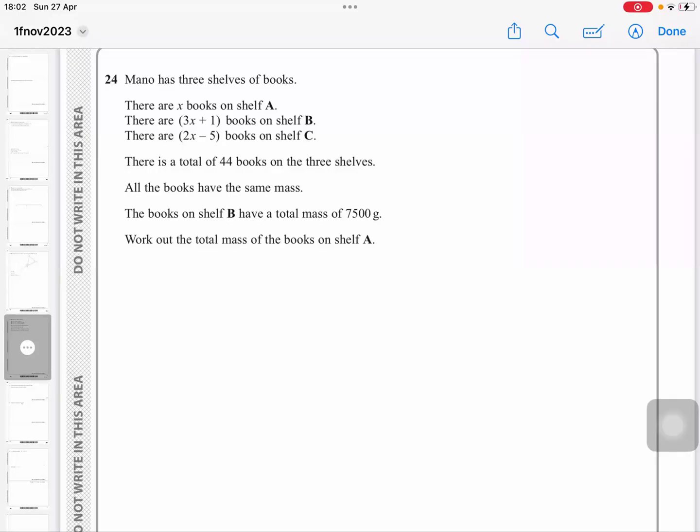So what does that automatically mean? Remember, how many books are on shelf A? x books, right? And now we know the value of x is 8 books. So if one book is 300 grams, according to our calculation, then 8 books will be what?